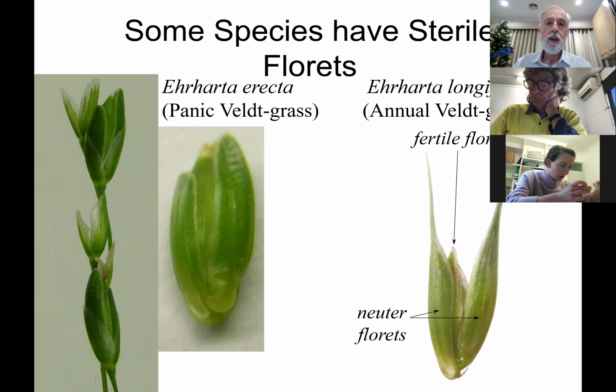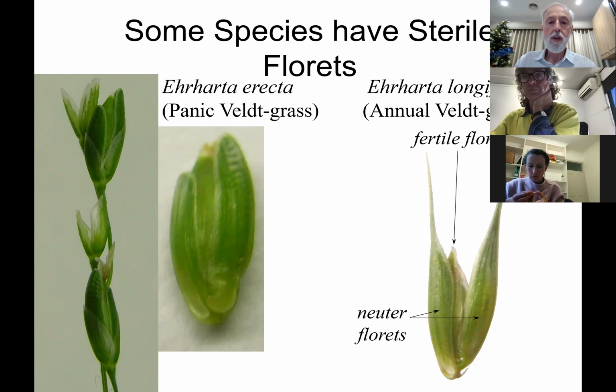Now, most keys to identify grasses will rely on the person using the key getting the seeds and realizing that the seeds contain sterile or neuter or sometimes male florets as well as fertile ones, and that can be really difficult.